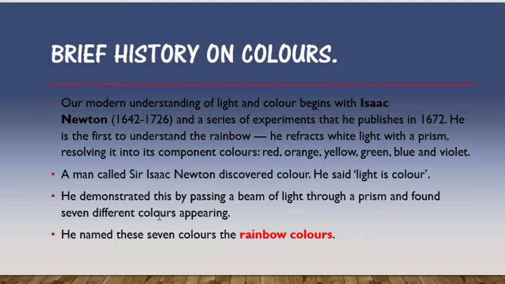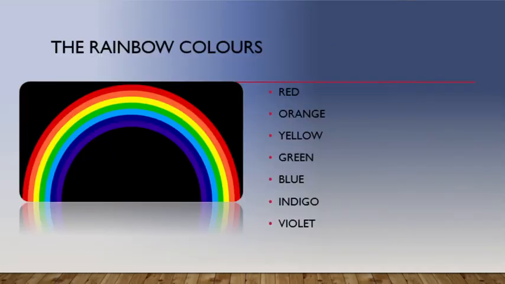This is the experiment that Sir Isaac Newton did, and it's very simple that you can all try at home. So we have the rainbow colors here: red, orange, yellow, green, blue, indigo, and then violet.